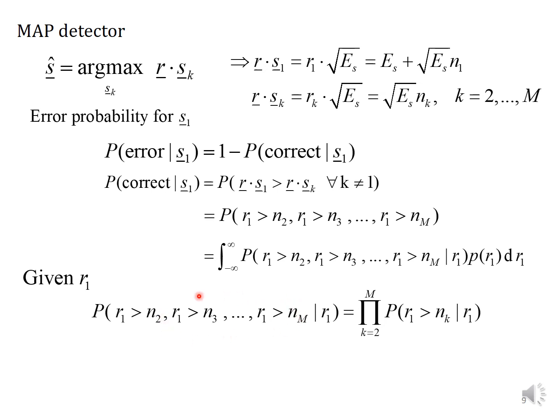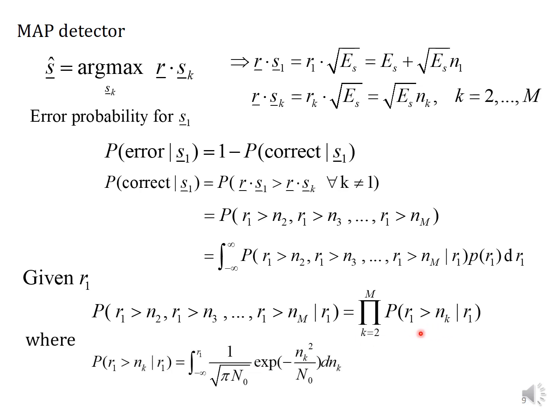So this joint probability is separable: it becomes a product of the probability of each event.